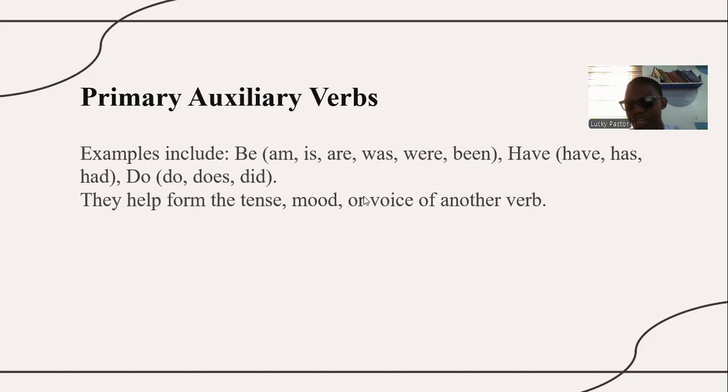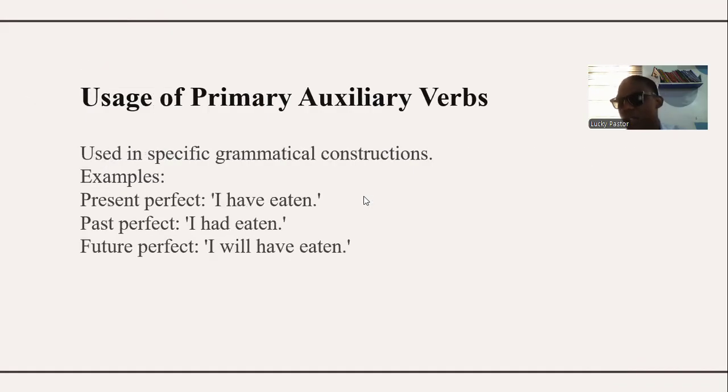Of course, the tense, you know, we have the future tense, the present tense, and the past tense, right? So these are the things that primary auxiliary verbs help to establish in a sentence when they help the main verb.